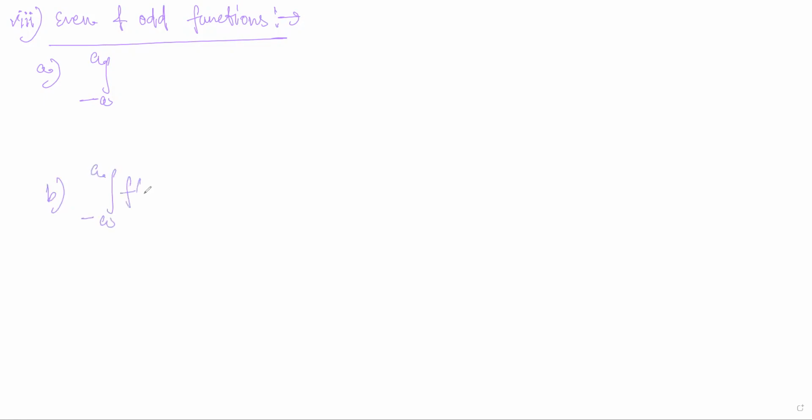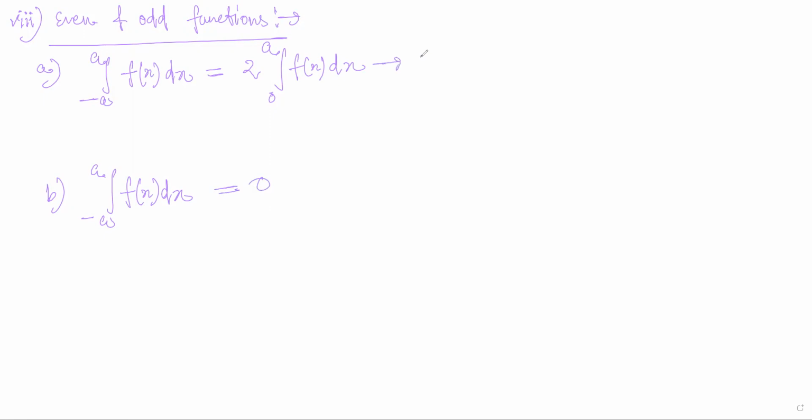So if you integrate between limits minus a to a a function which is fx, right? The answer would either be twice of integral 0 to a fx dx, or 0. Now, how would we get the answer as 0 or twice of integral 0 to a?